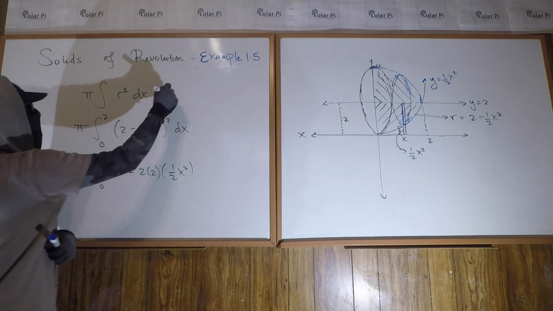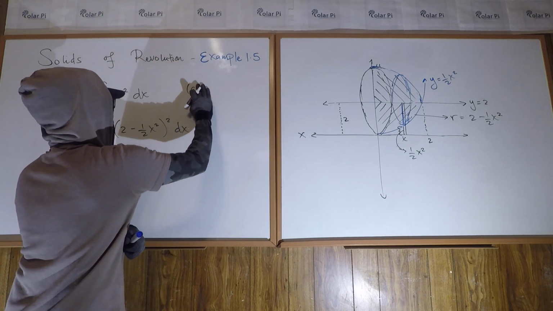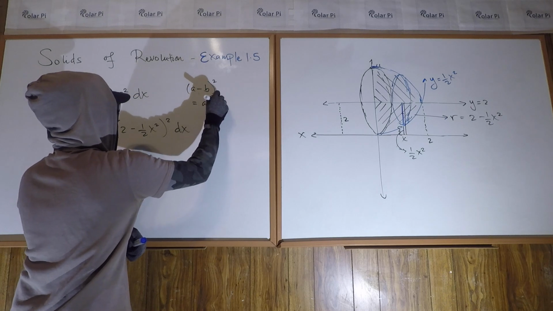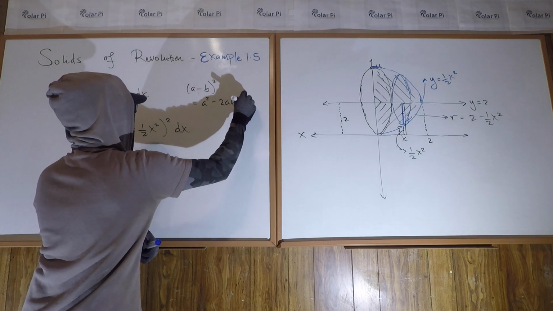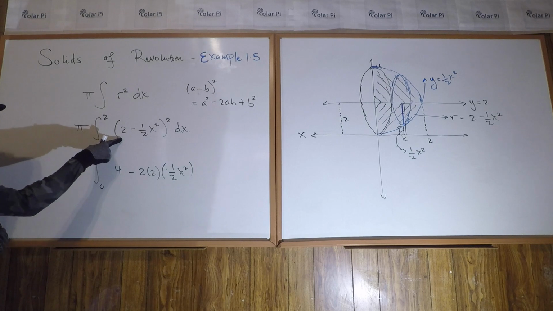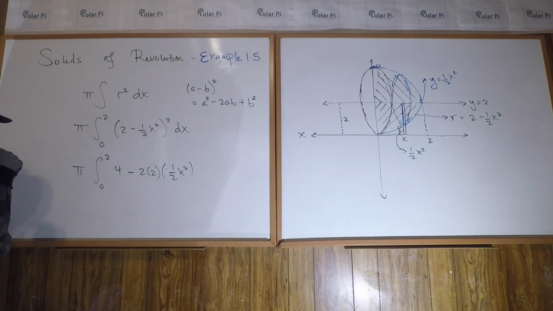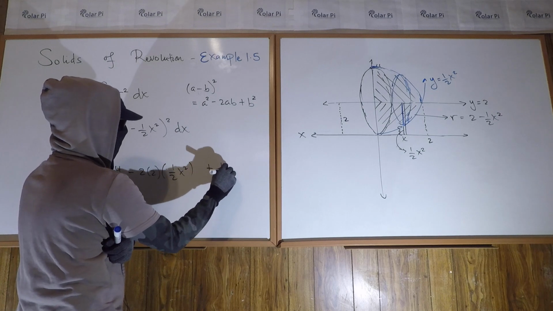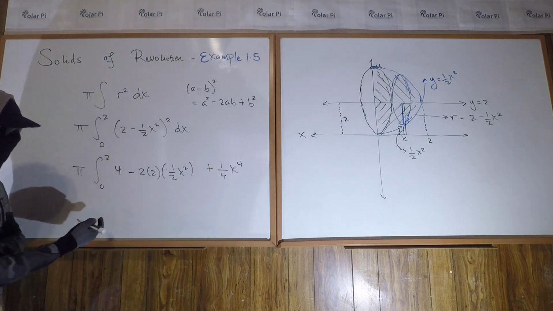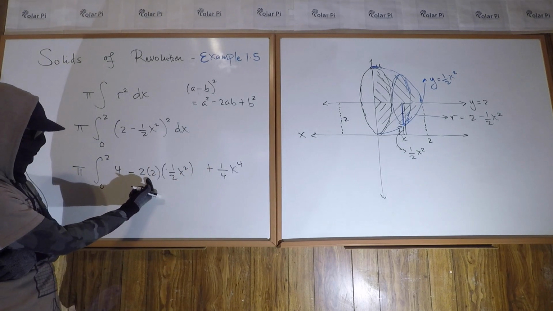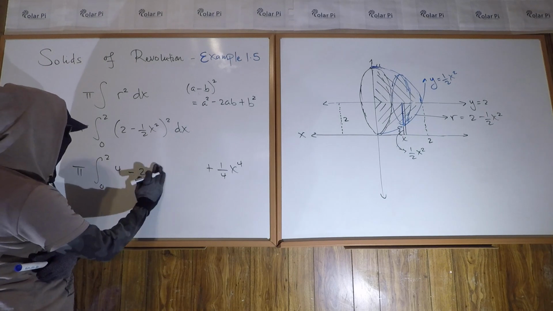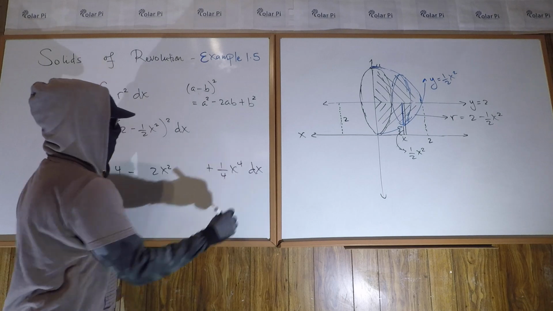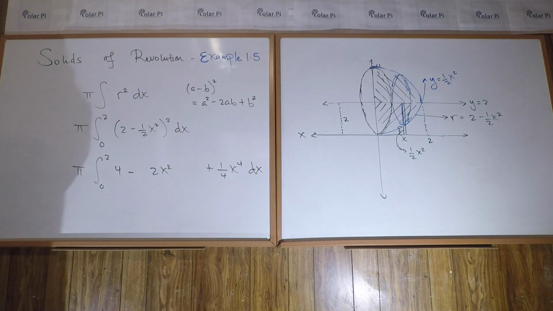Basically I'm using the binomial (a minus b) squared, which is a squared minus 2ab plus b squared, where a is clearly 2 and b is 1/2 x squared. So at the end I'll have plus 1/4 x to the 4th. And the middle simplifies to minus 2x squared, and then dx. So you ought to know how to finish this.